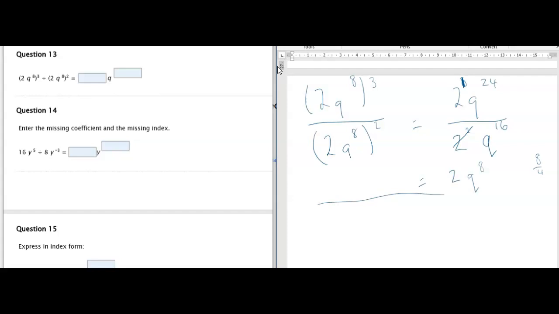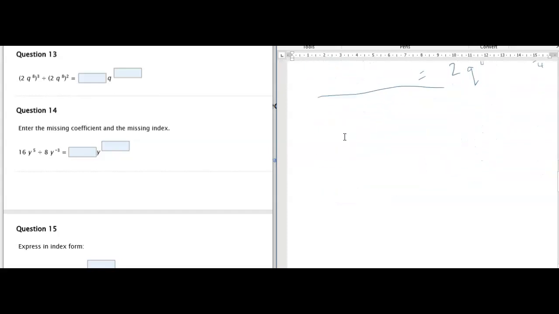All right, question 16, enter the missing coefficient. So again, I'm just going to rewrite it as a fraction. So we've got 16y to the power of 5, and then we've got 8y to the negative 3. So do your coefficients first. 16 divided by 8 is 2.